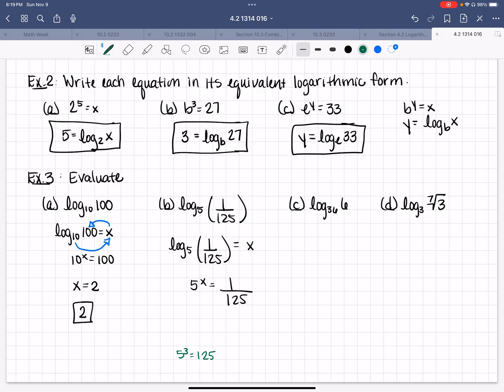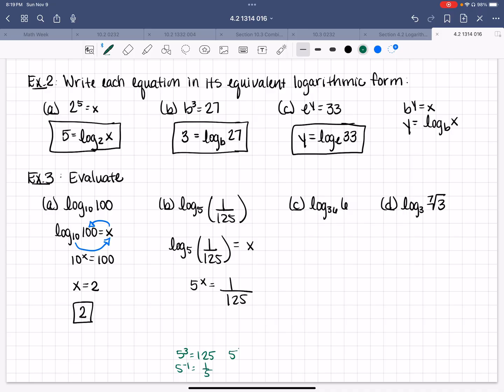The way I do that is I take that exponent to the negative power. If I have a negative power on the exponent, that moves it down to the denominator. If I say 5 to the negative 1, that's 1 over 5.